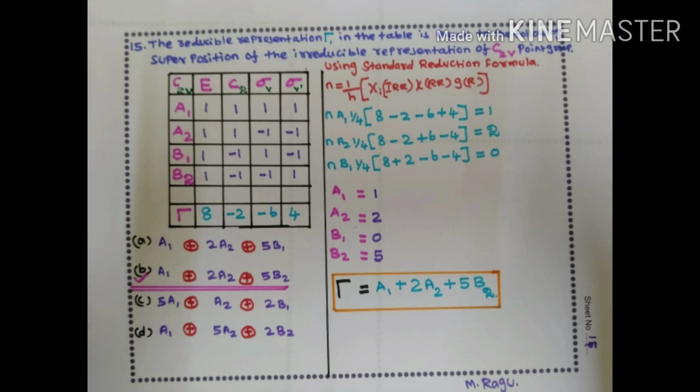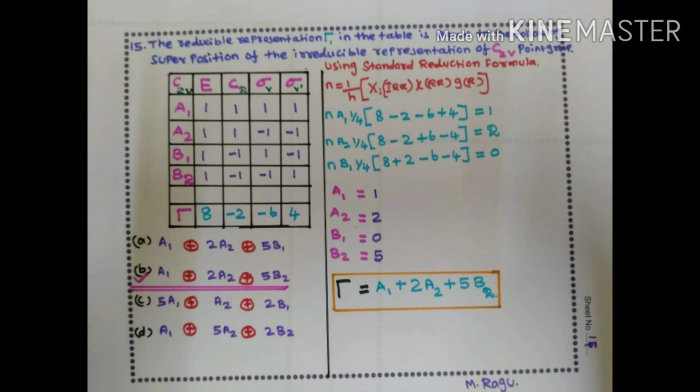So we use the standard reduction formula, which is according to the great orthogonality theorem: n equals 1 by h, where h is the order. The order is 4.